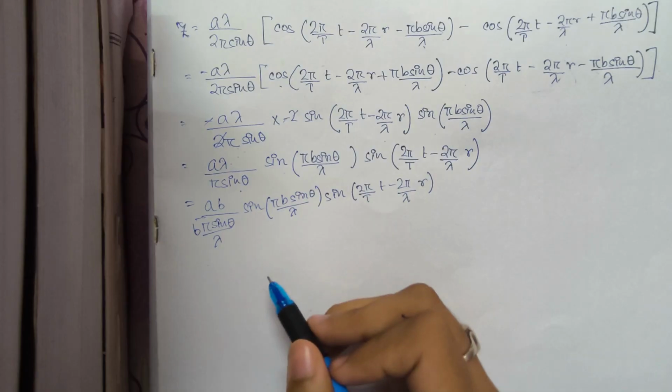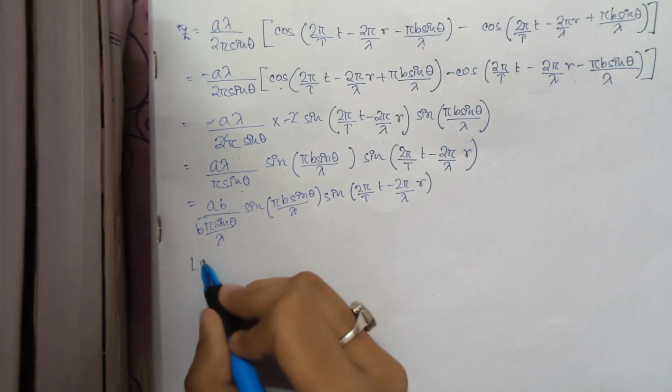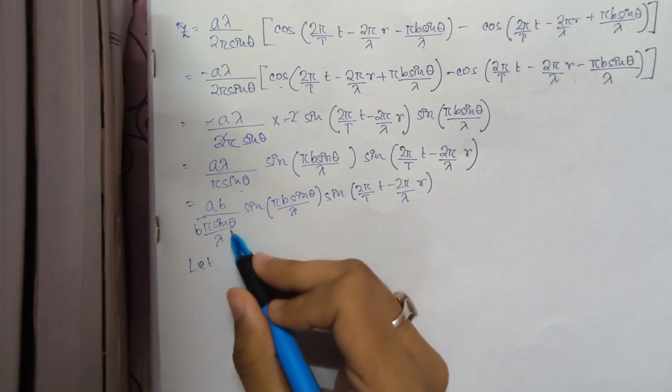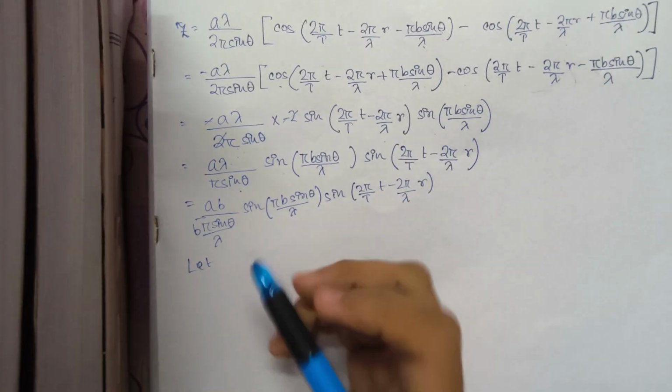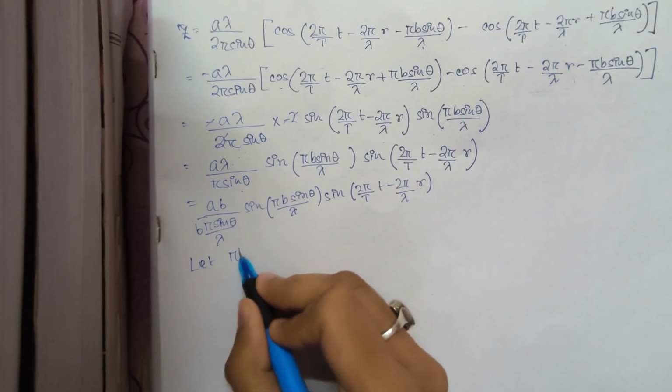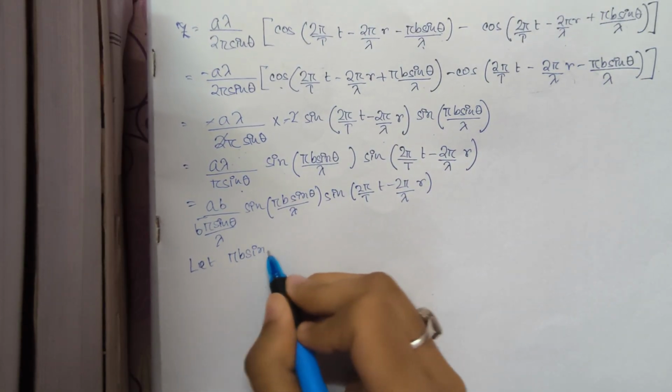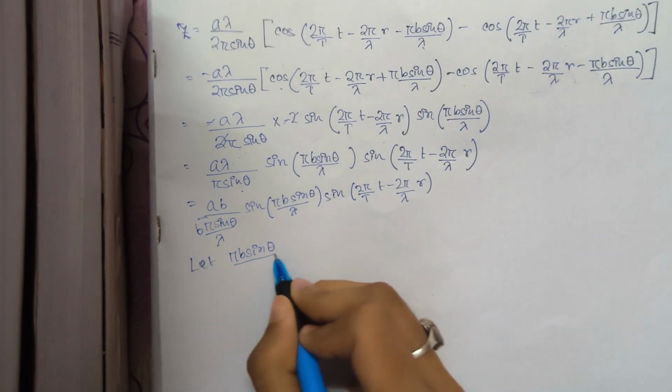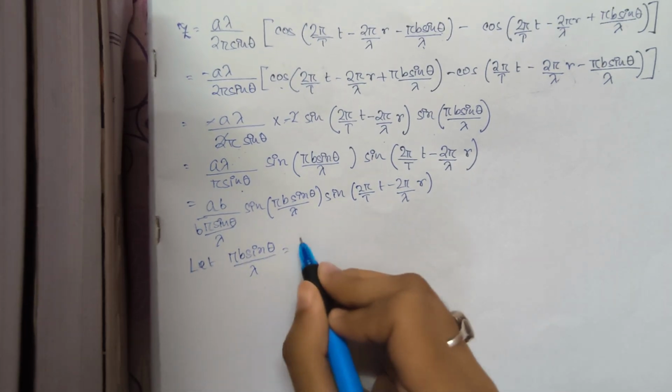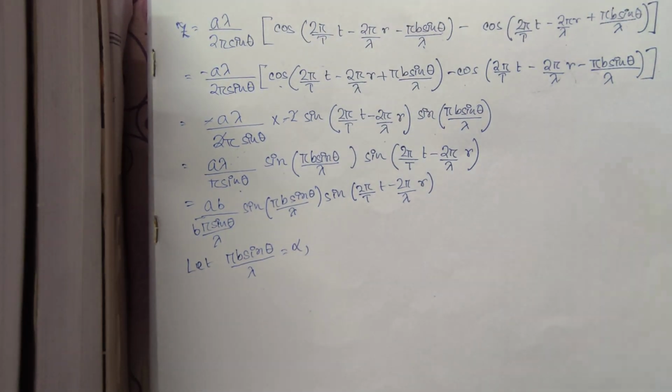So now we will let this function be alpha. That means let pi b sine theta by lambda equal alpha. So what can I write?